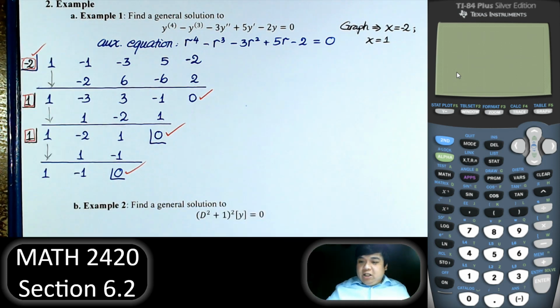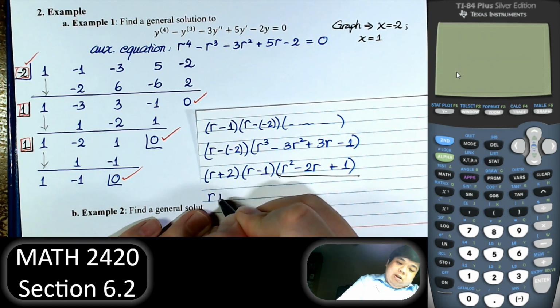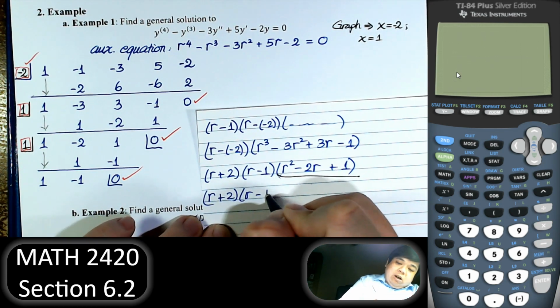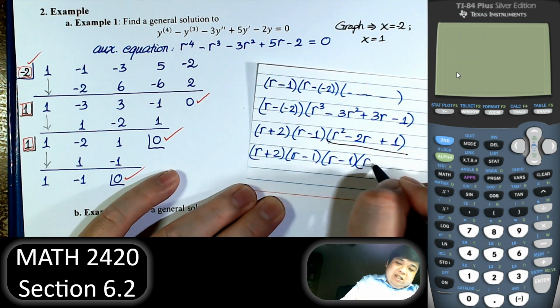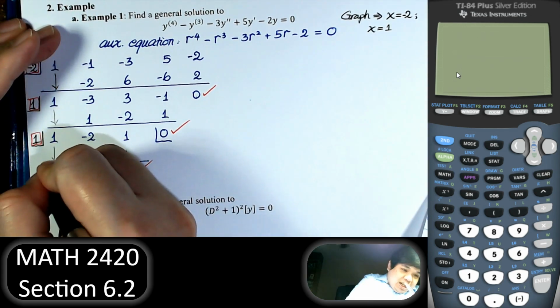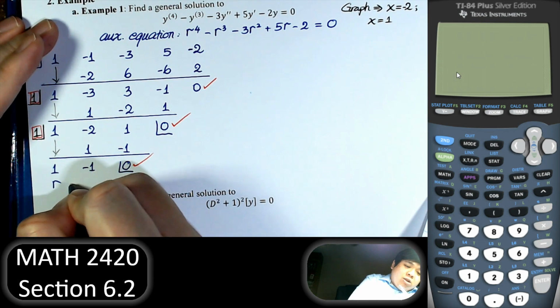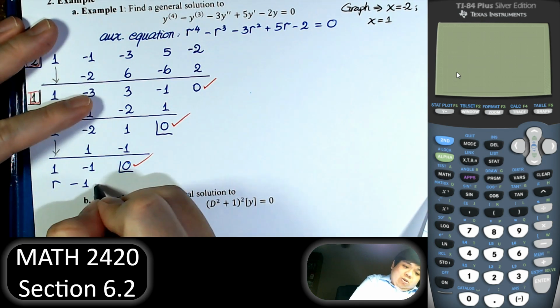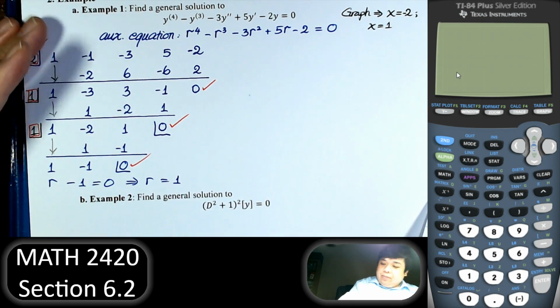And so if we continue, we have r plus 2, r minus 1, and then another r minus 1. What's left is r minus 1. We can just keep dividing by 1, but what we have here corresponds to r minus 1 equal to 0, so r equal to 1.